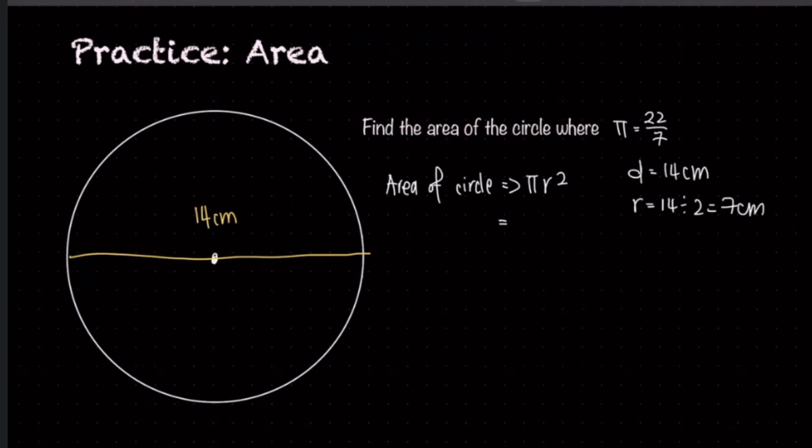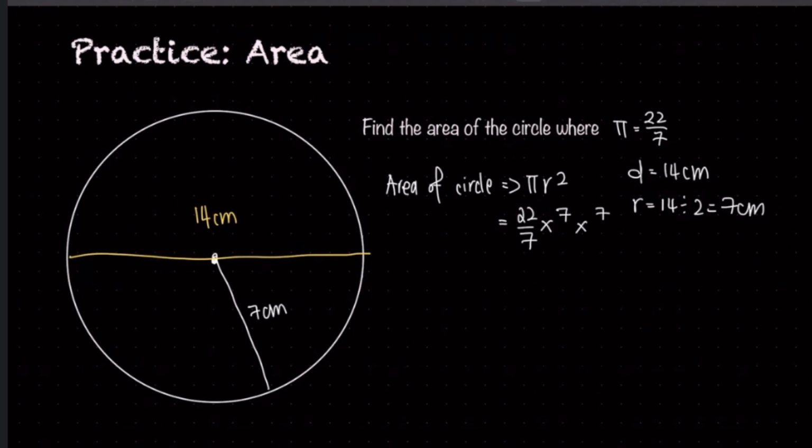So label it. Radius is 7 cm. So let's put that in. Pi, which is 22 over 7 times 7 times 7.